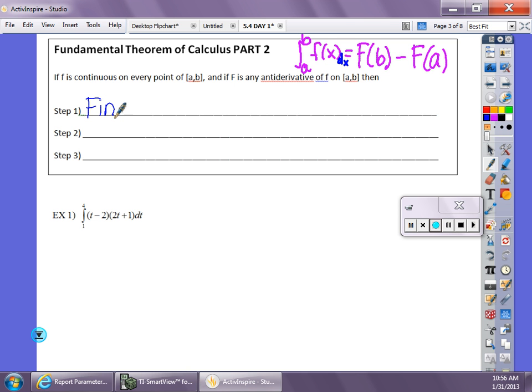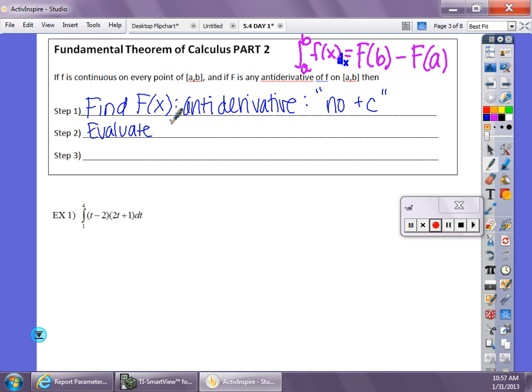Find F of x, which is the antiderivative. And remember, no plus c for now, because we're doing a definite integral. Step 2, evaluate F of b and F of a.